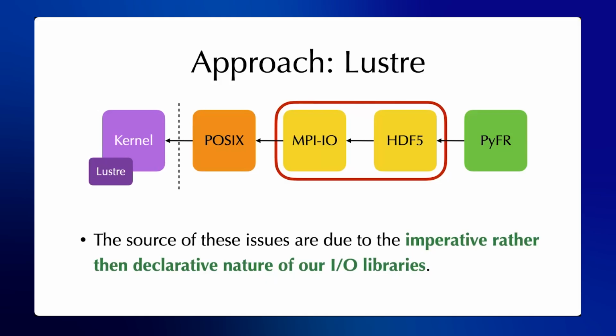Whereas with, say, a declarative approach, we could say, yes, I'm this rank, I'm going to write this range of bytes. If we could do that, there would be no locking issue, because the file system could take out the right locks, there'd be no problems. That is not where HDF5 and MPI I/O are at the moment. They are very much imperative libraries. Their model doesn't know what it's going to do until you actually start calling functions to write stuff out to disk.